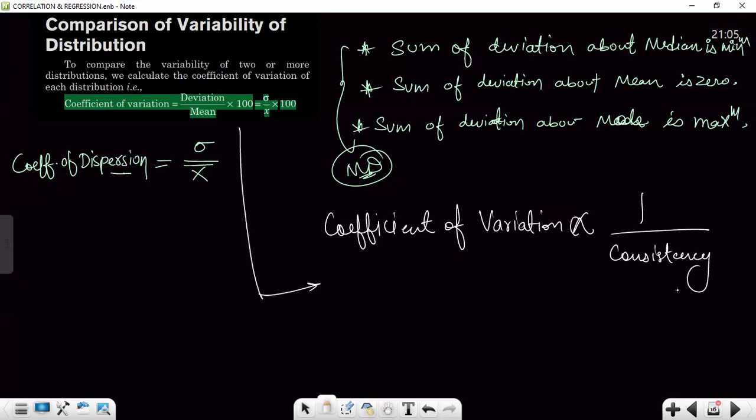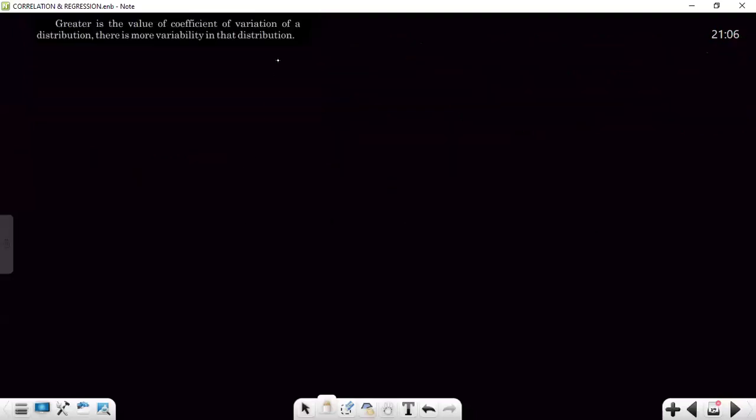Now, as we were discussing variance, and as we have talked about combined mean earlier, let's also talk about combined variance. See, the greater the value of the coefficient, the more variability there is in the distribution.